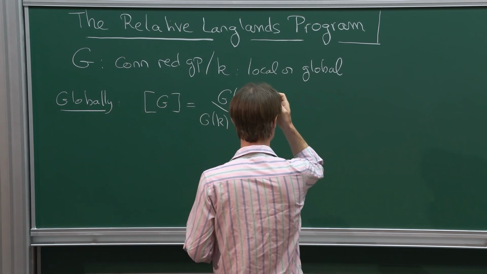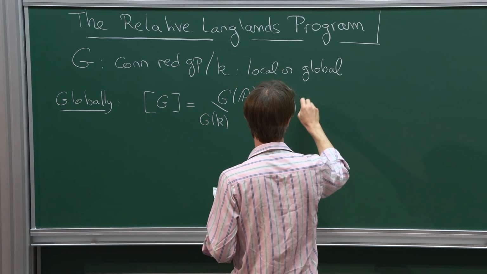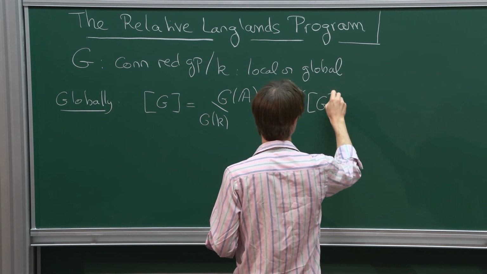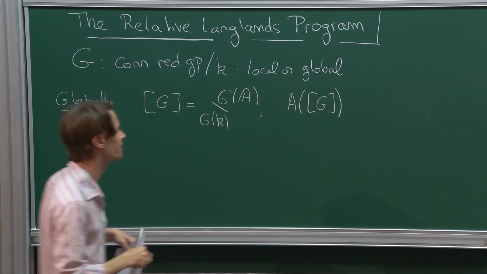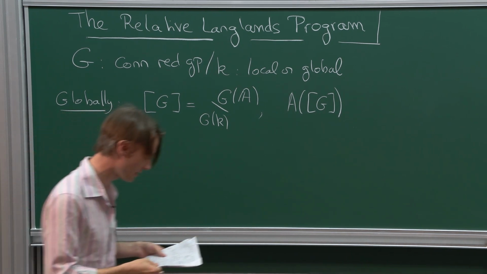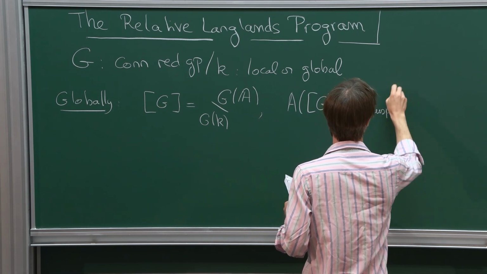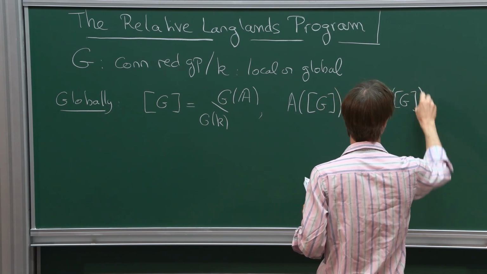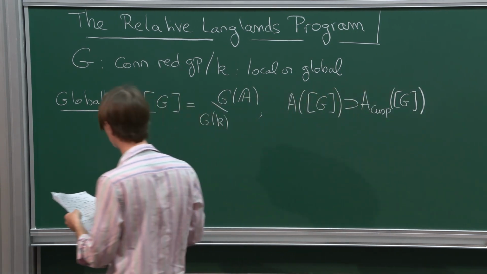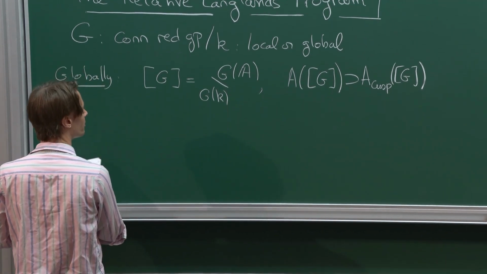We are mainly interested in the representations of G of the adeles that can be realized in the space of automorphic forms, denoted by A(G), or even in the cuspidal automorphic representations that can be realized in the space of cusp forms. So this is the global automorphic picture, very roughly.